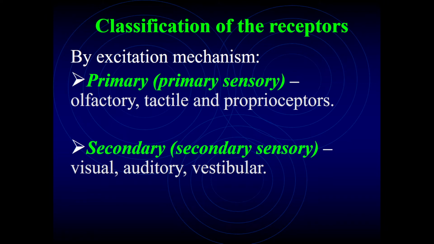Primary receptors are nerve endings. Secondary sensory receptors, there are visual, auditory, and vestibular. There are very specialized receptor cells.